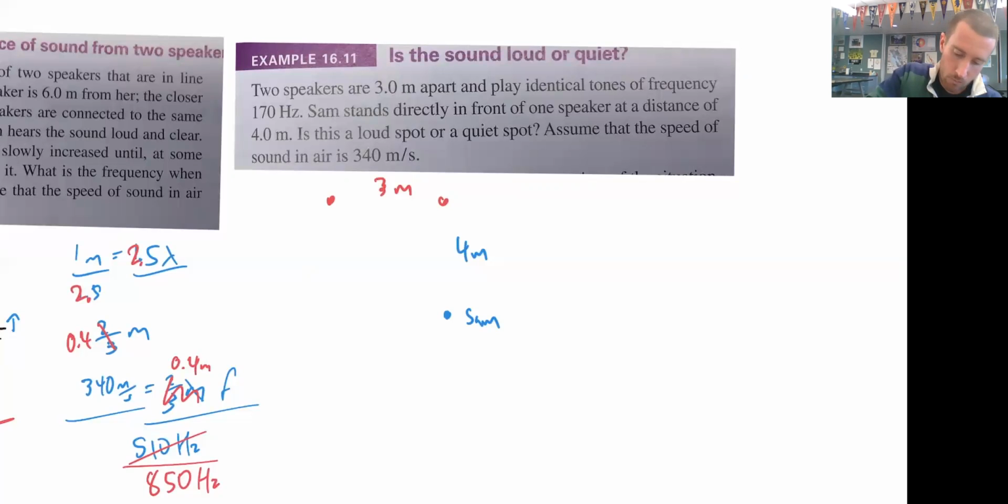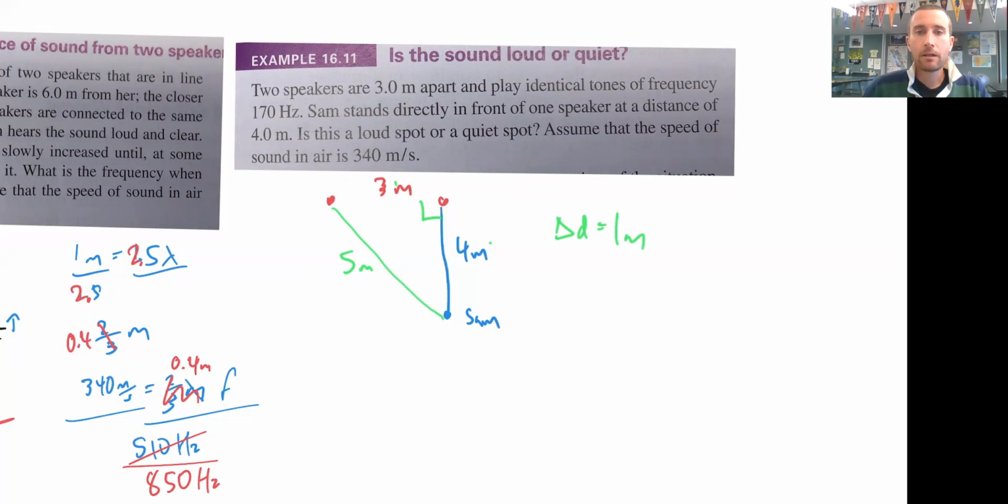Okay, so he has one direction here that's 4 meters, and then the other speaker is coming this far out there. Well, I've got 3 and 4, and that's a right angle. And I happen to know that that's a 3, 4, 5 right triangle. So that's 5 meters. I could also use the Pythagorean theorem, but I recognize 3, 4, 5. So it's 5 meters from one speaker, 4 meters from the other speaker. That's still a change of distance of 1 meter.